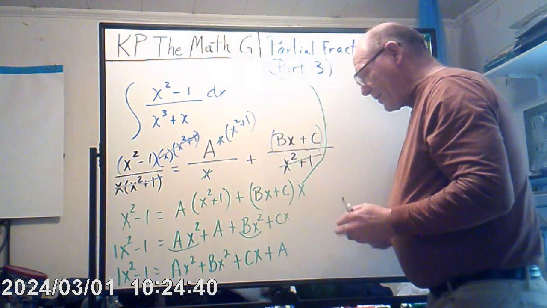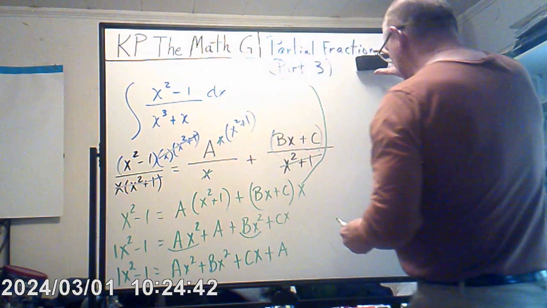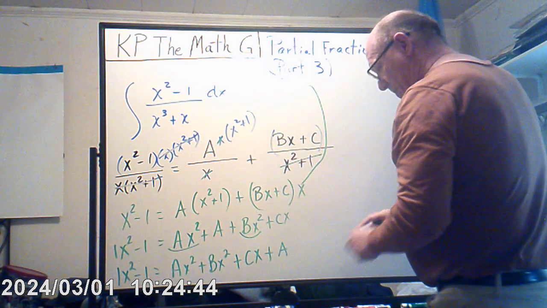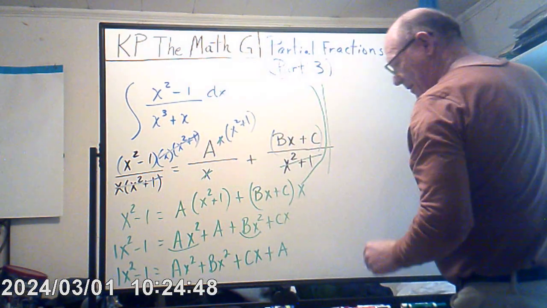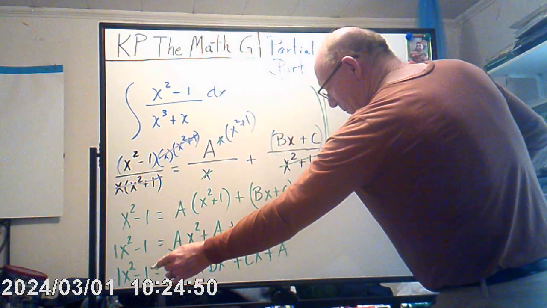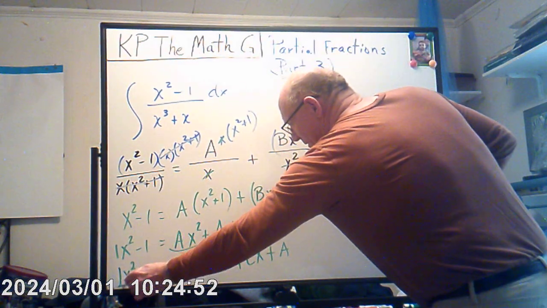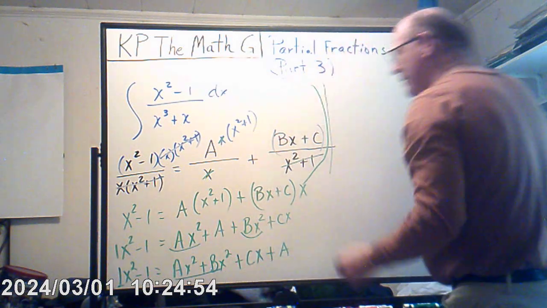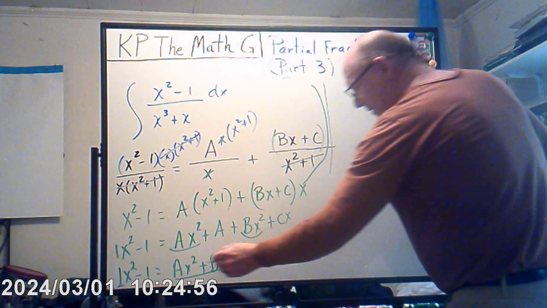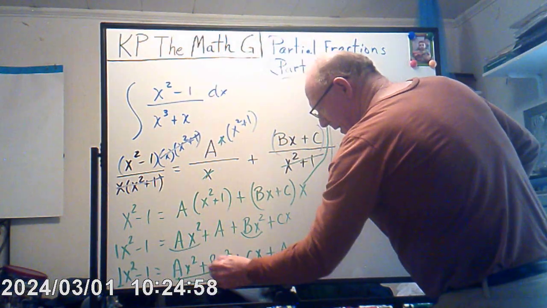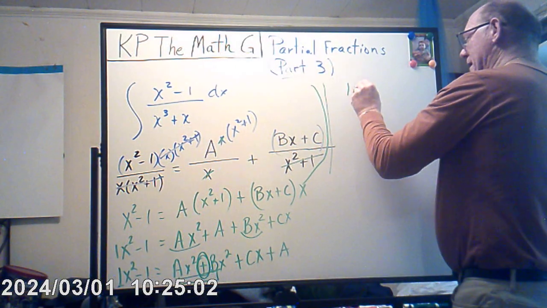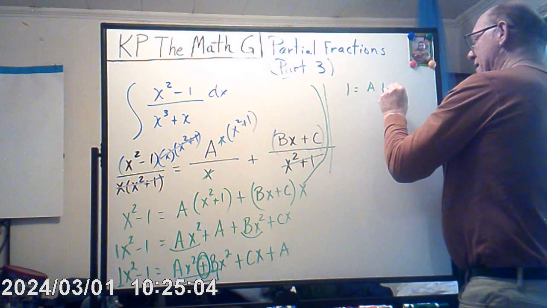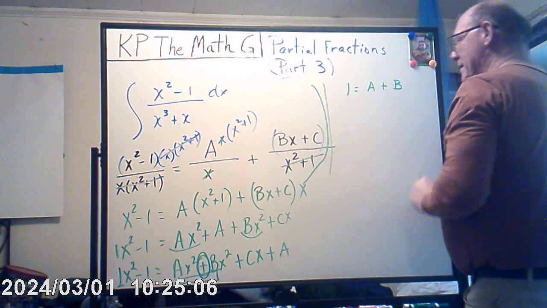Let's see if we can set it up right here. I don't know if we'll have room or not, but let's see. The 1 right here is associated with these two, so the coefficients are A plus B. So 1 is equal to A plus B.